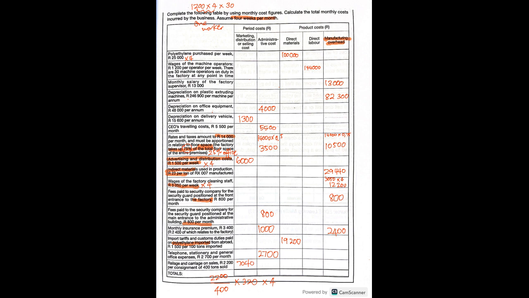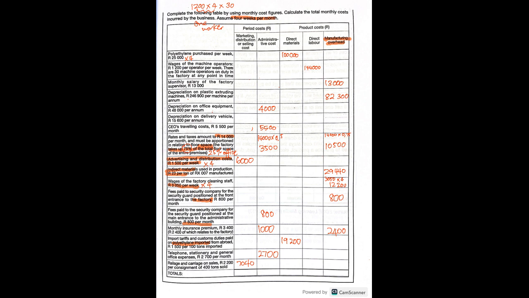So all you're going to do now is total each one of these columns. So for the marketing, selling, and distribution costs, it's the 1,300. Oh gosh, I just need to write that down again. No, I wrote that down incorrectly. So it was 15,600 per annum. That was your delivery.